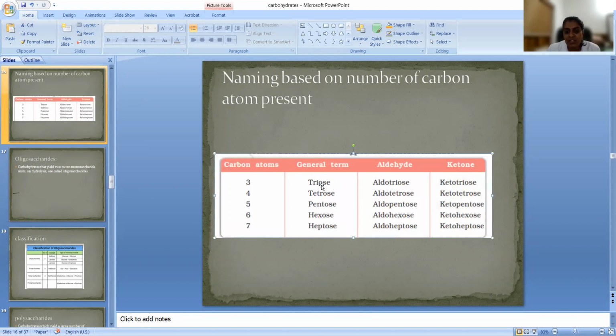If it consists of an aldehyde, it is called aldotriose. If it consists of a ketone, then ketotriose. If it has 4 carbon atoms, then tetrose. If there are 5 carbon atoms, pentose, and 6, hexose. Based on the aldehyde or ketone present, its name again will change. If it is an aldehyde, aldotetrose. If it is a ketone, ketotetrose. In this way, the name will be changing.